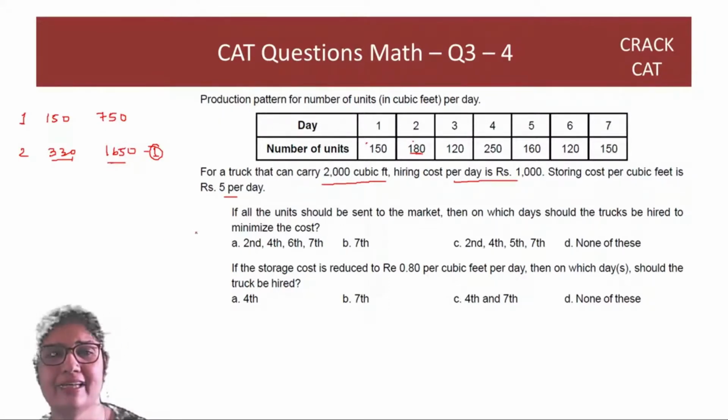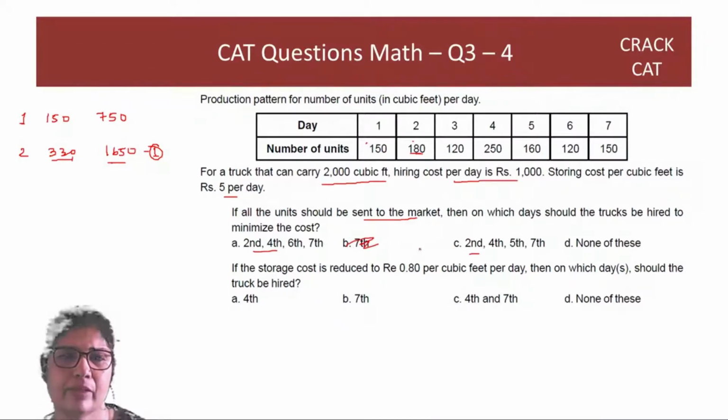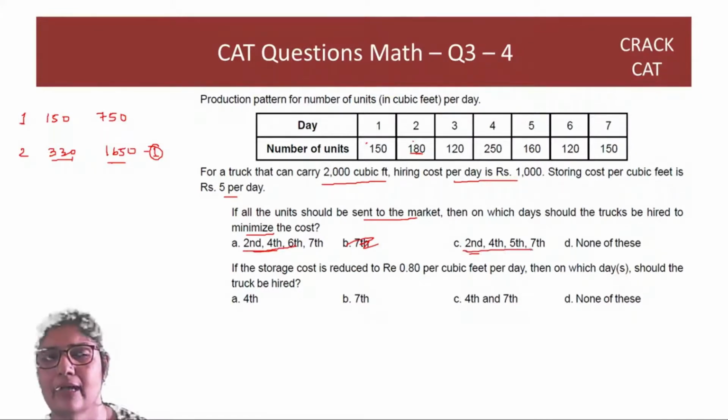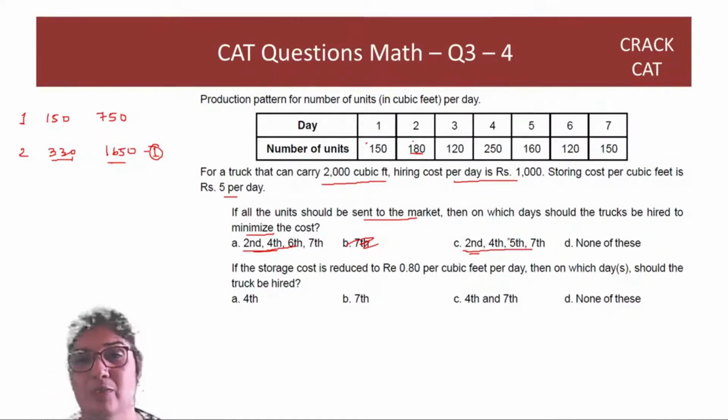So on the second day, definitely, if everything has to be sent to the market, it makes more sense to hire. So what we'll do now is we'll minimize costs. We'll look at these options and we'll see which gives us minimum cost.